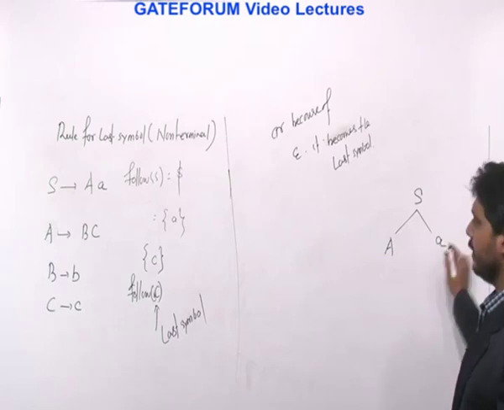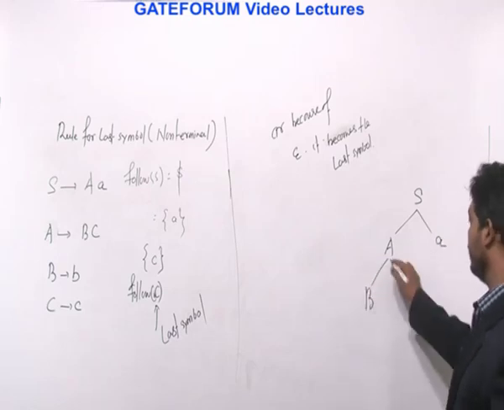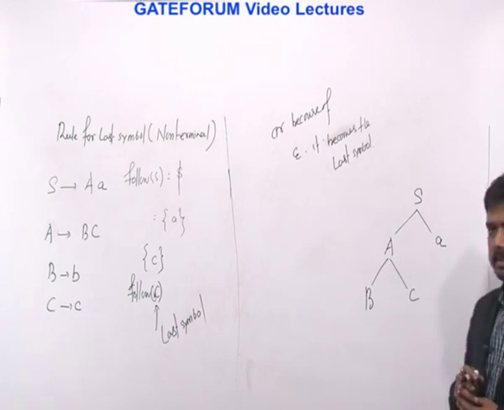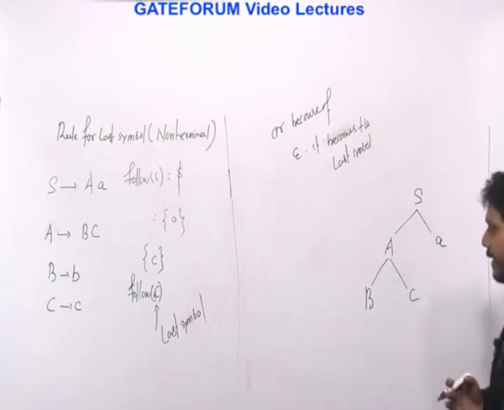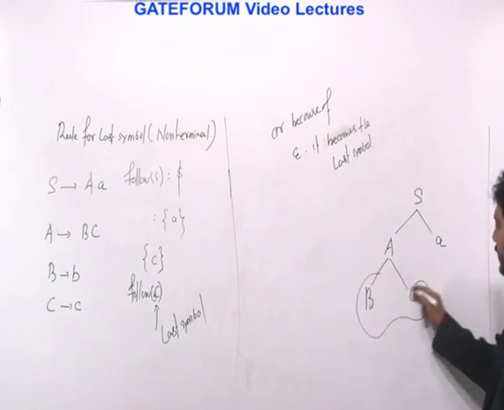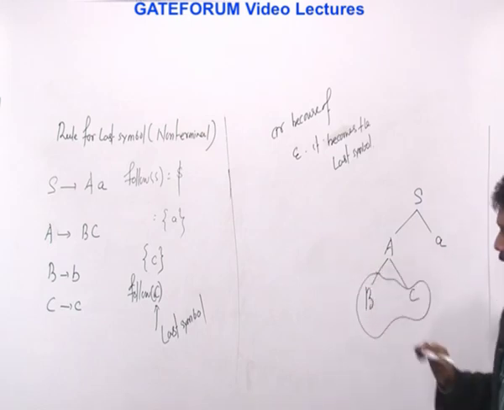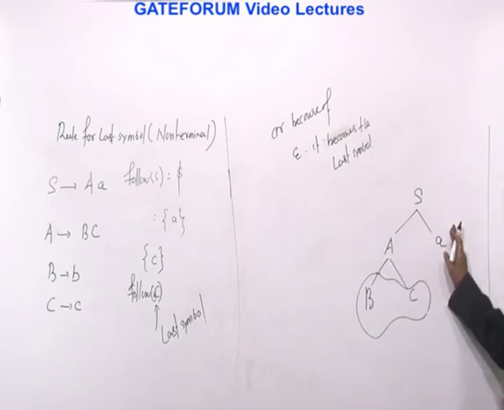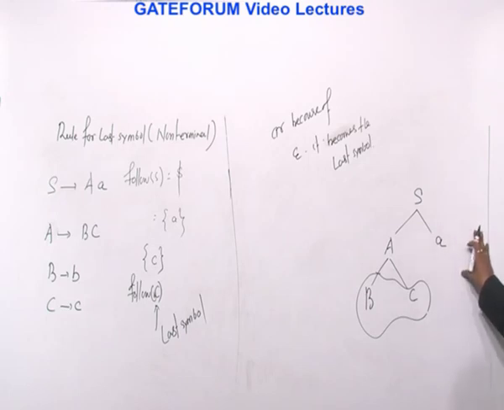Small a, capital A, and A derives B and C. After C nothing is there, but C is not appearing by itself, it is derived by A. This B and C are the non-terminals coming from A, and after C nothing is there. So follow of C will be whatever follow of A is. So follow of the last symbol is the follow of the non-terminal that is deriving it.